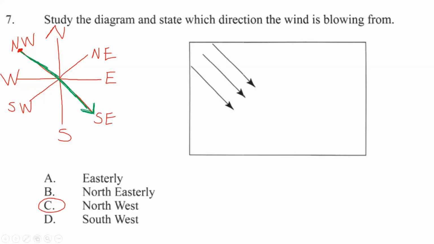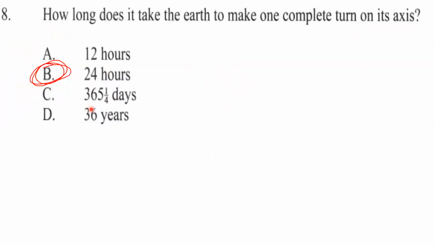The answer is C, northwest. The reason is, if you look carefully, they ask which direction the wind is blowing from. So it's blowing from the northwest to the southeast. Again, it's blowing from the northwest to the southeast. Okay, let's move on to question number 8.